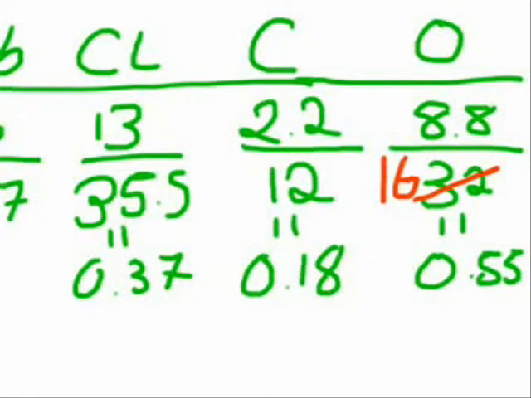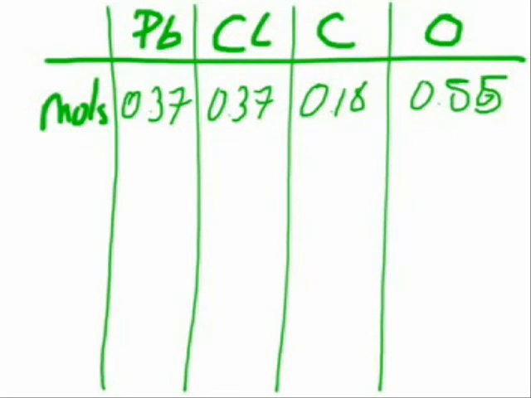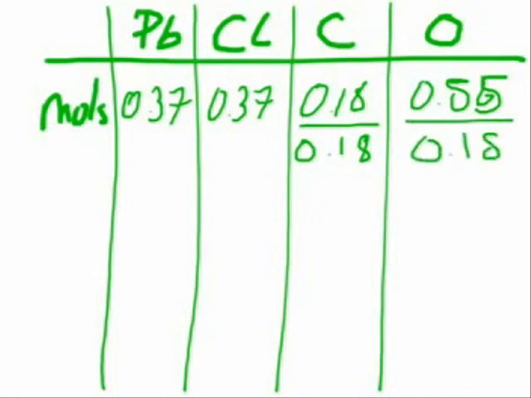Okay, so we're going to start a new slide in a minute, taking these numbers across, just so we can see what the ratio will be. We've got the moles from the previous slide. Now the trick here is to ask what my lowest number is. My lowest number is 0.18, so I divide everything by that number. I divide it by itself, divide 0.55 by 0.18, and divide the others by 0.18.